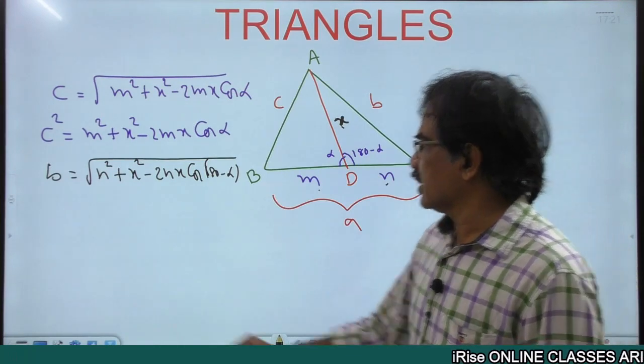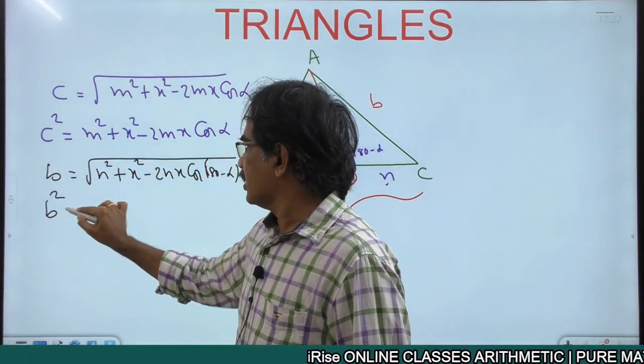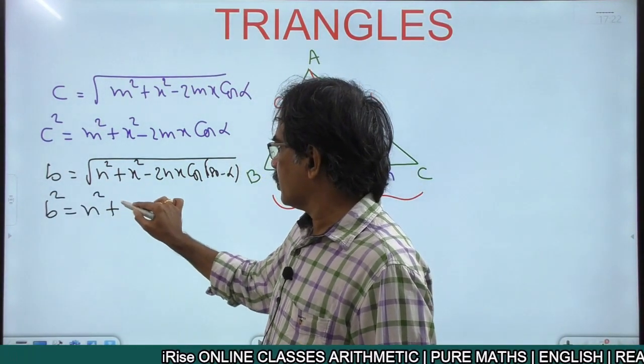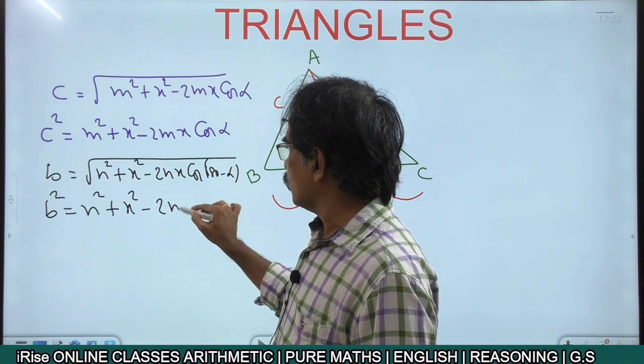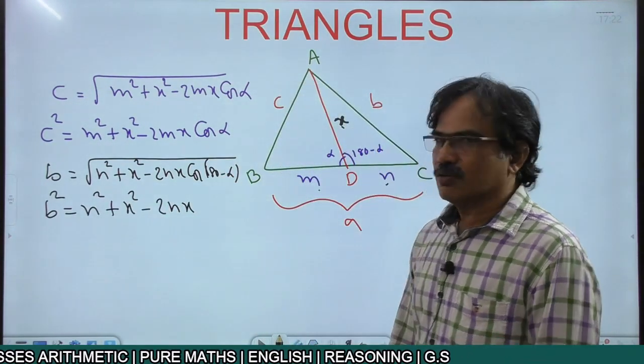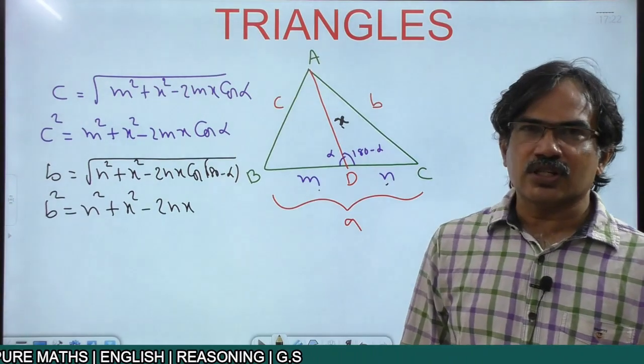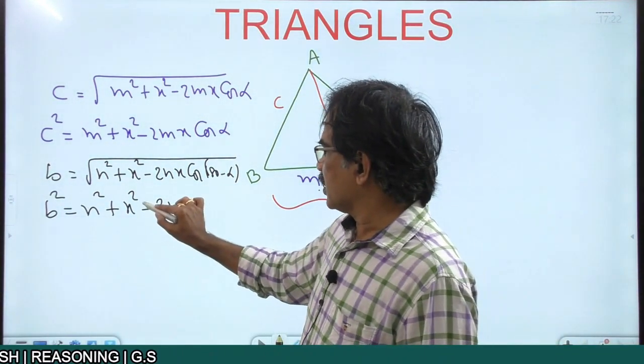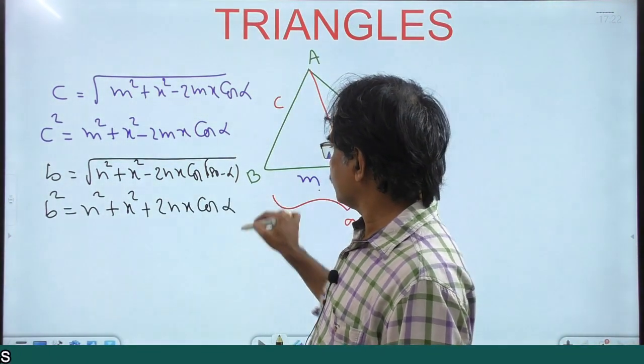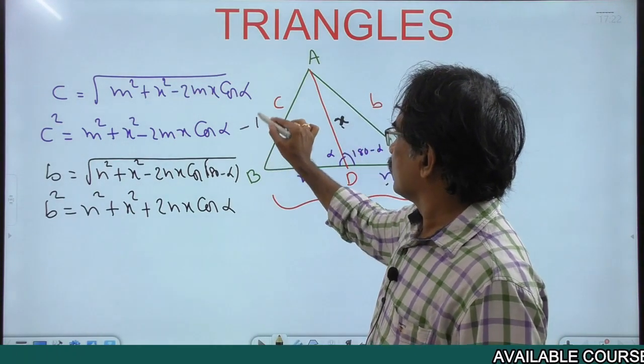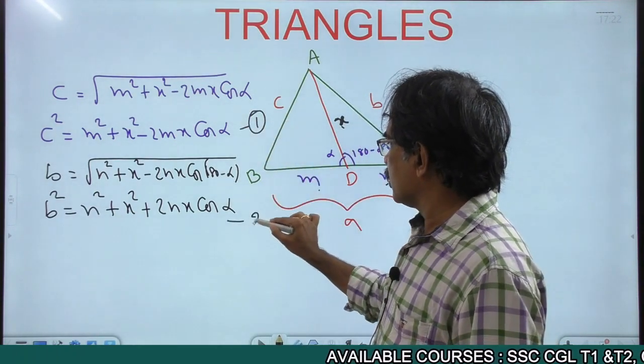So from this we can say that b square is equal to n square plus x square minus 2nx cos(180 minus alpha), and cos(180 minus alpha) is equal to minus cos alpha, so it becomes plus 2nx cos alpha. This is equation 1, and this is equation 2.